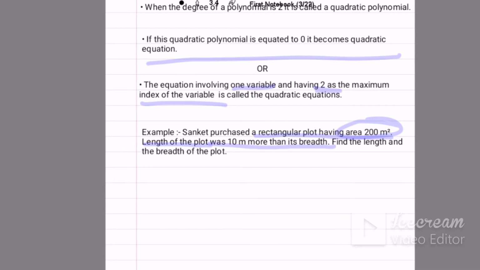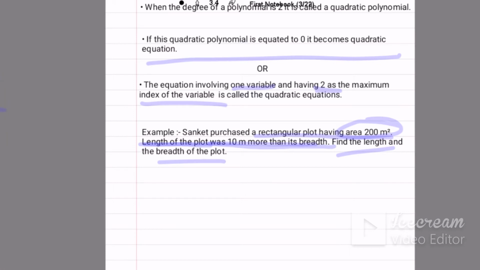If you remember, in the linear equation we considered two conditions there, because we had two unknown variables. But in this case we only have one unknown variable, that is x, or that can be y, but the degree is 2. So they have given only one condition here: the length of the plot was 10 meters more than its breadth. Find the length and the breadth of the plot.